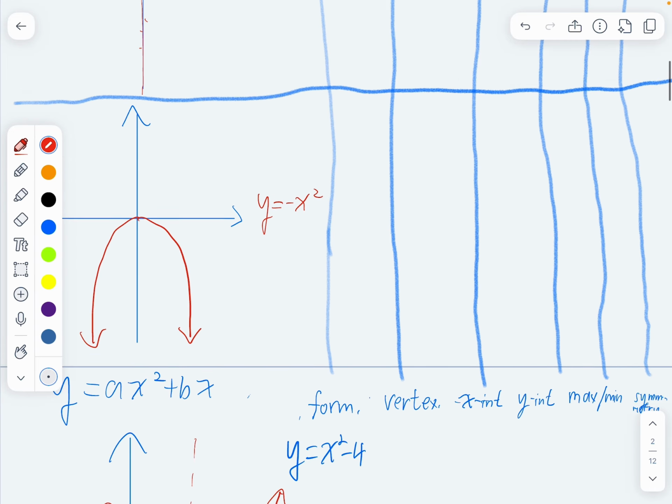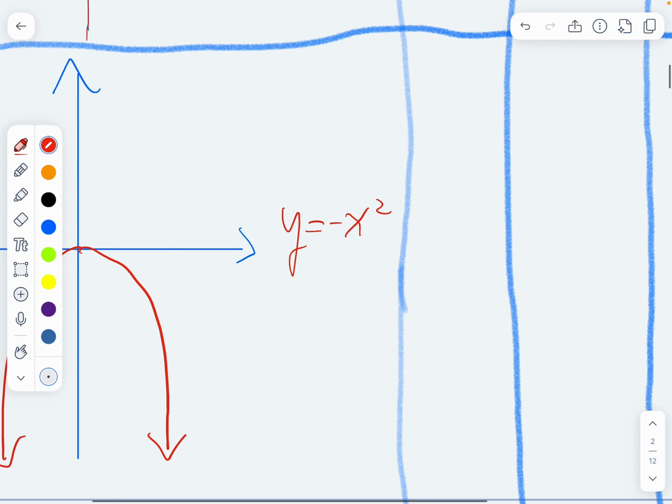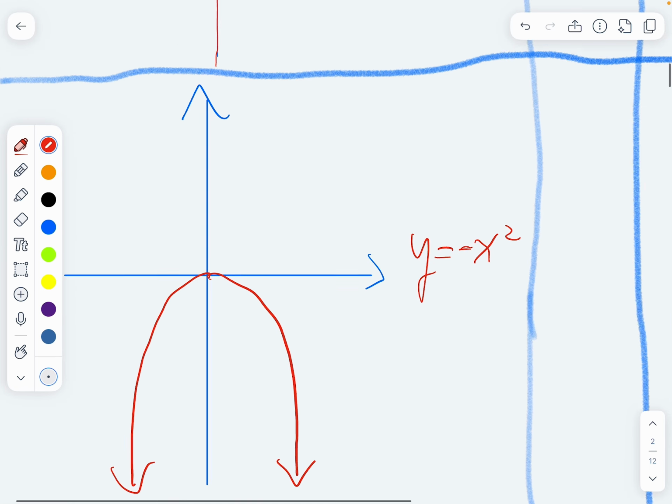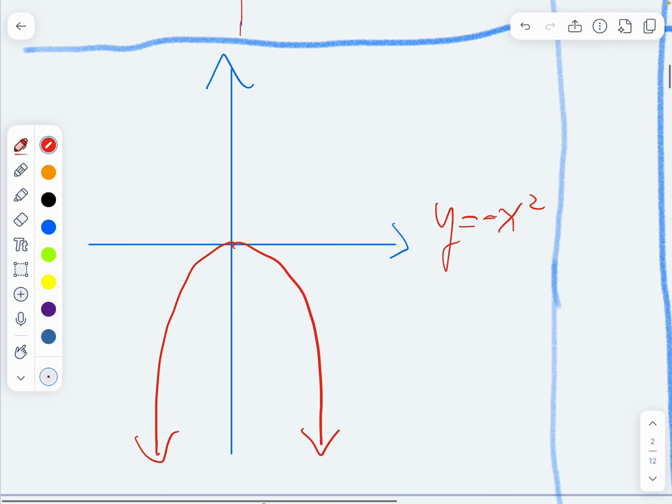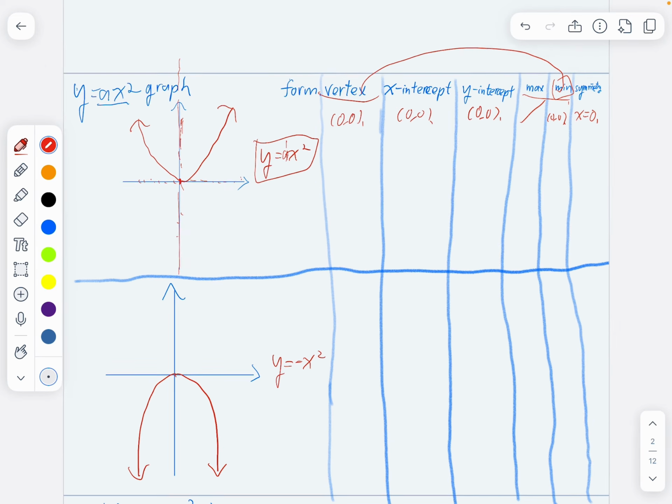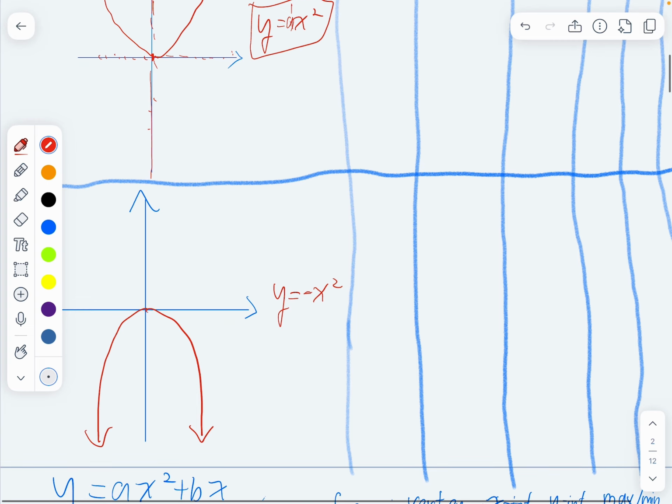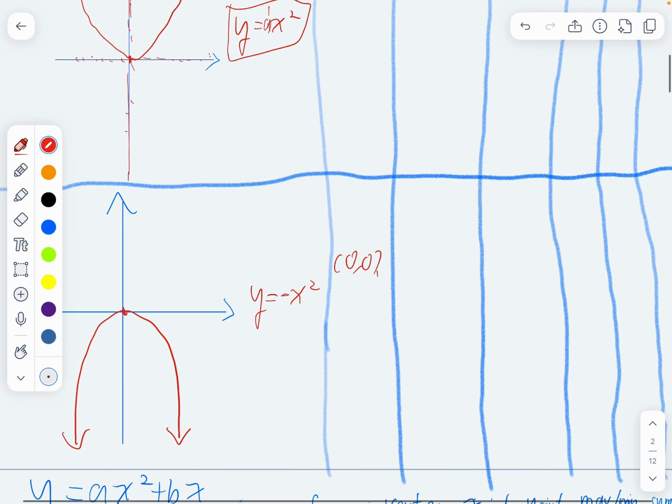Now let's talk about the other one, where a equals -1, so the graph opens downward. The vertex is also the origin, (0, 0). The y-intercept is still the origin, because only that one point passes through the graph.